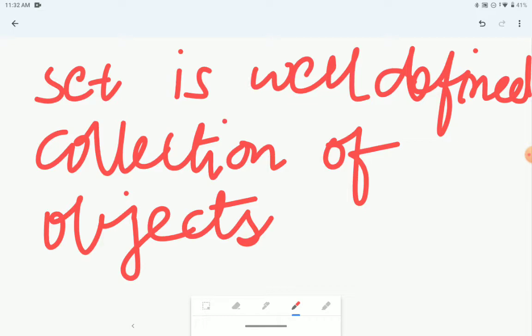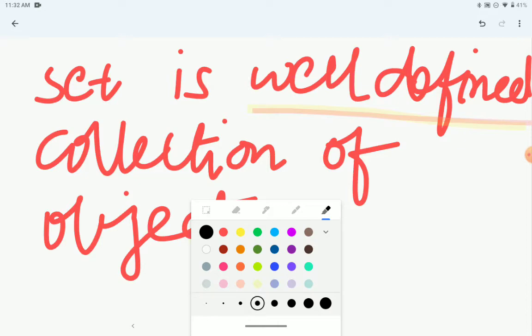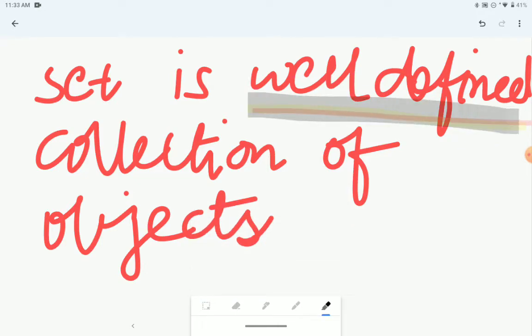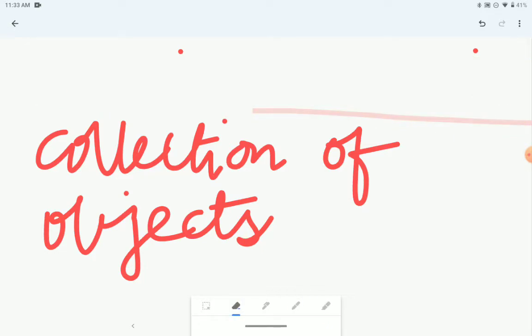Here, the word that should be keenly observed is well-defined. Why observe only well-defined? We'll get to know that.